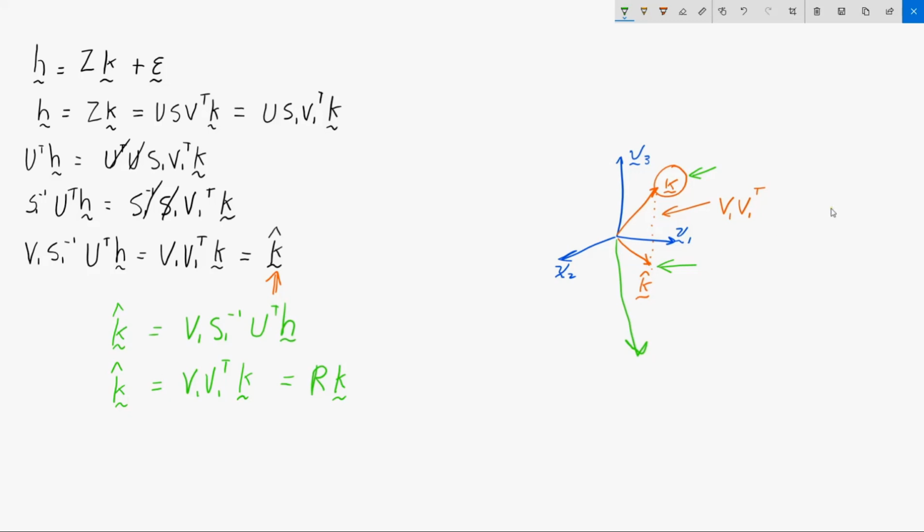Minimum norm because of all the other K hats that could have satisfied the original equation, that is, this equation here. Any K vector that has this same projection onto the solution space will satisfy this equation.